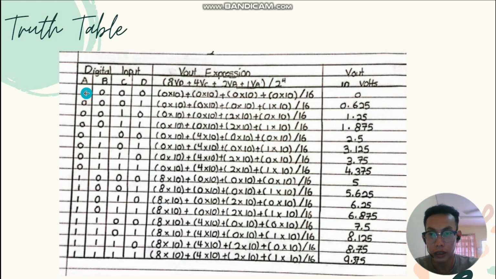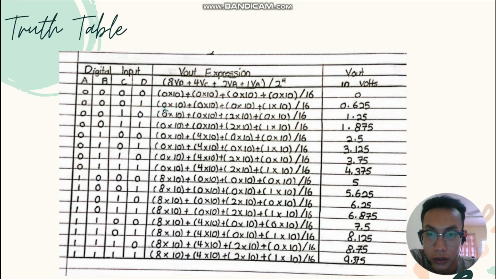So we use the first binary number, 0000. The Vout expression is 0 times 10 plus 0 times 10 plus 0 times 10 plus 0 times 10 over 16. We get 0 for the Vout. After that, we use digital input binary 0001.